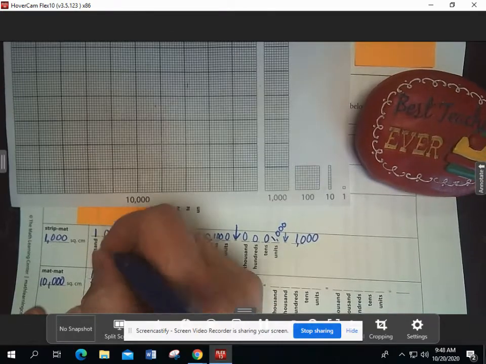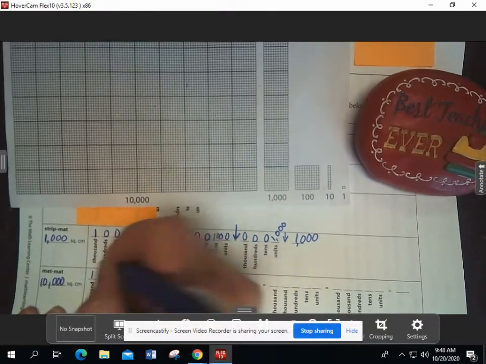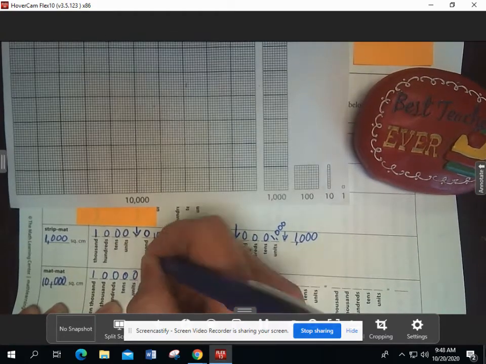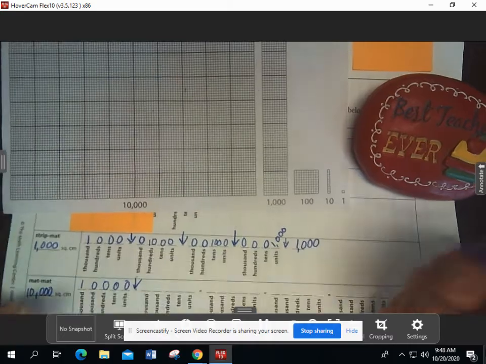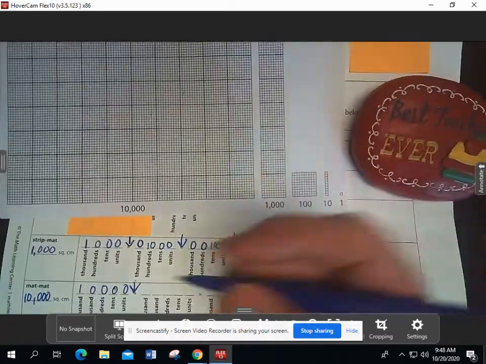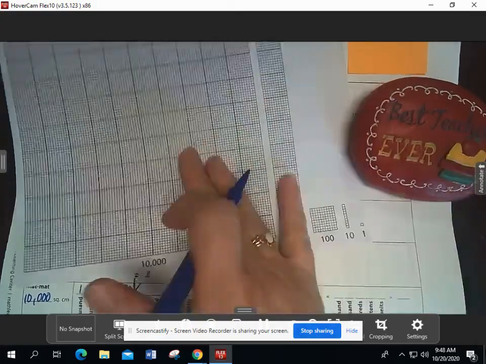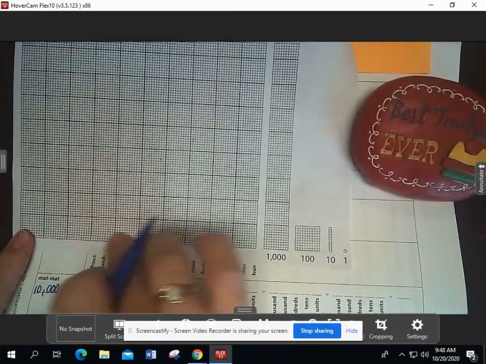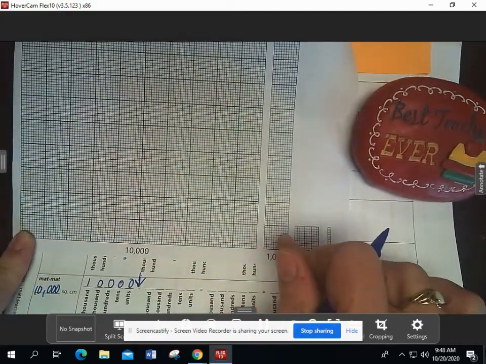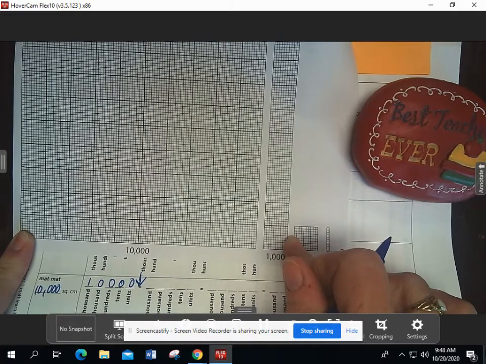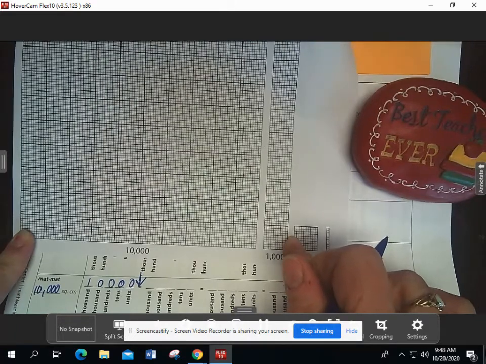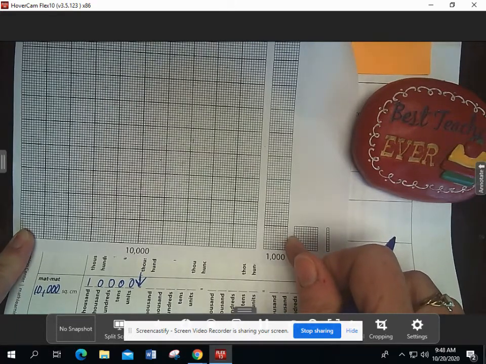Okay, so if we're counting 10,000s, it's not cut into thousands, and it's not cut into hundreds, and it's not tens, and it's not ones. Well, that was fast. Okay, and we have an equal sign. If we were going to cut this into strip mats, how many strips of mats do we have?